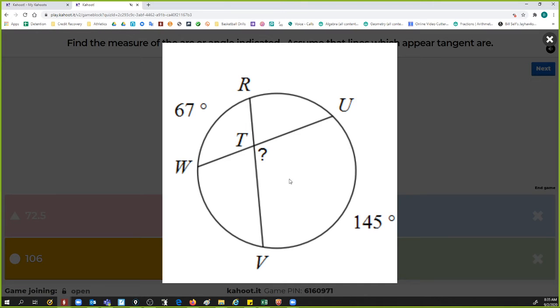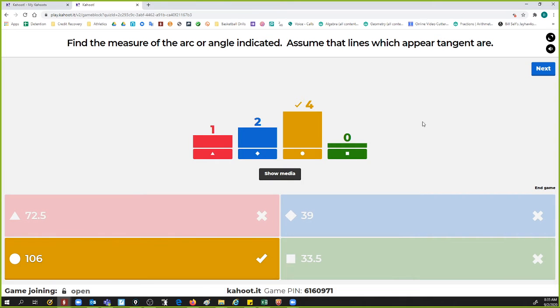This should have been a simple one. Not only is the intersection on the outside, but the angle that we're looking for is intercepting those 2 arcs. So all you got to do is add them and divide by 2. 67 and 145 is 212, and if you divide it by 2, that's 106. Yeah, 106.